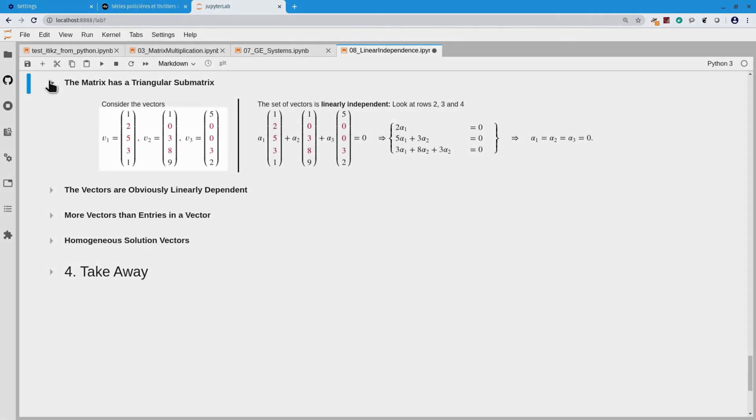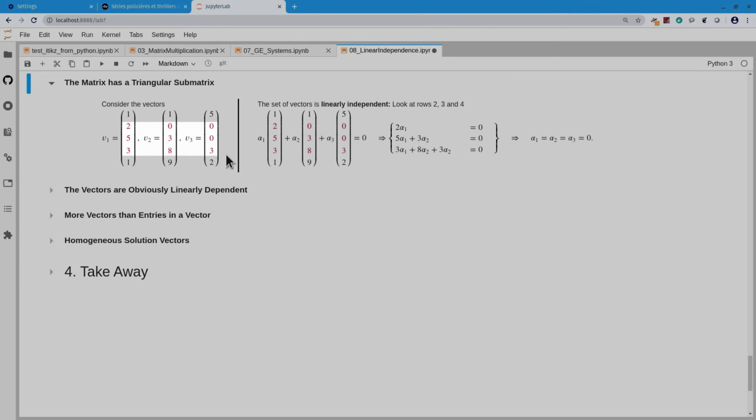Next, let us look at the following case. I've got my vectors v1, v2, v3, and I showed a subset of the entries in those vectors in red, because when I assemble these vectors in a matrix, look what I have. The red submatrix here is triangular: 2, 0, 0, 5, 3, 0, 3, 8, 3.